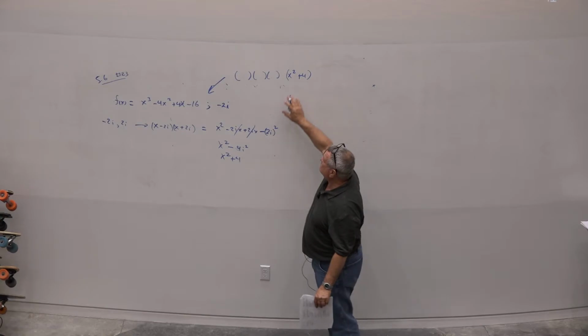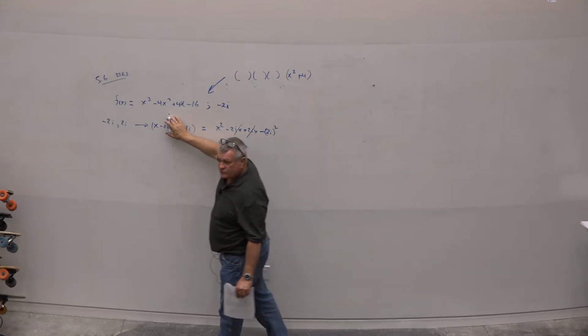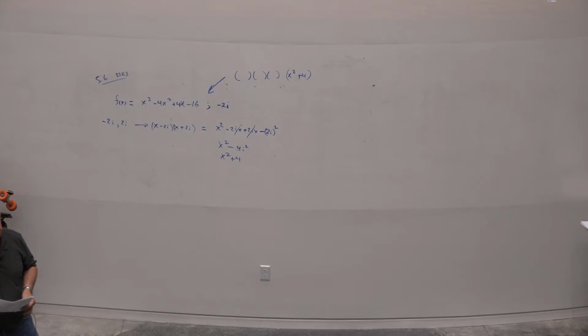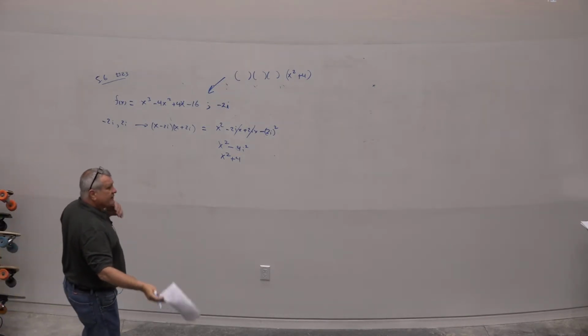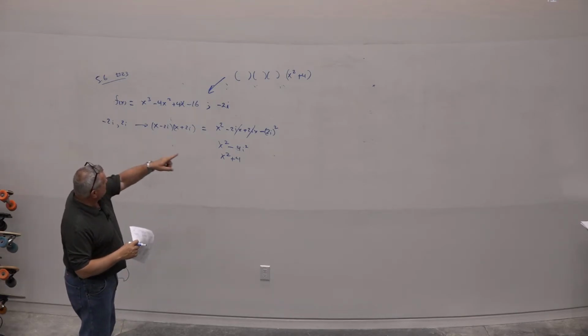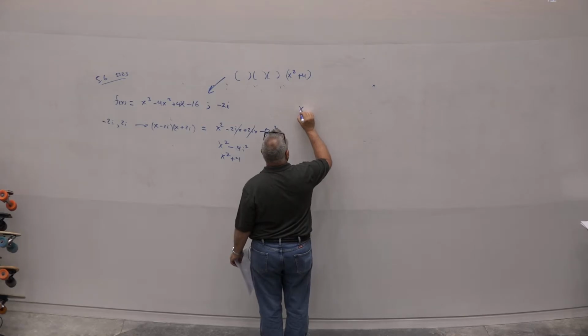Since I have this root, and I know that this is supposed to be a root of this, there should be a remainder that's 0. So I'm going to go at this a little bit backwards from the other problems. I know this, I know this. Oh, I know what I'll do. I'll just do this.